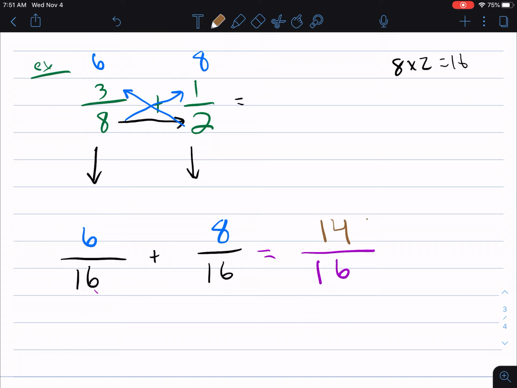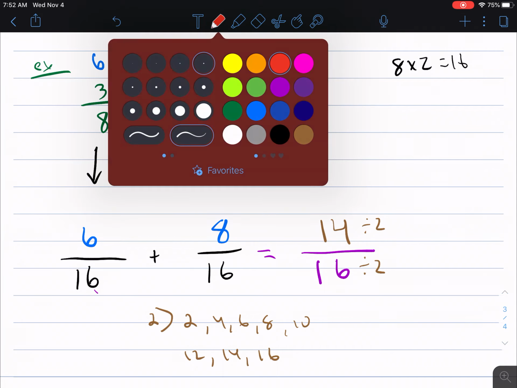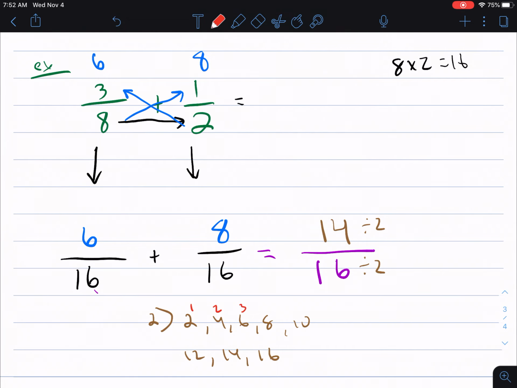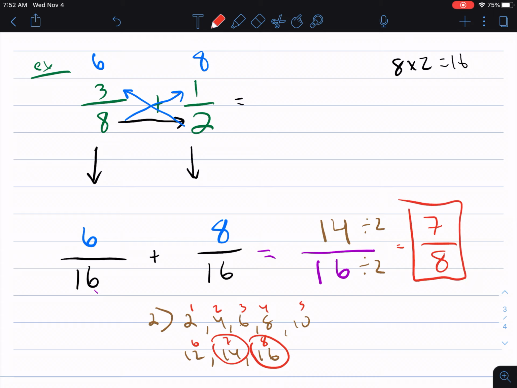I'm going to divide by 2. 2, 4, 6, 8, 10, 12, 14, 16. How many times? 1, 2, 3, 4, 5, 6, 7, 8. 7 over 8 is my answer.